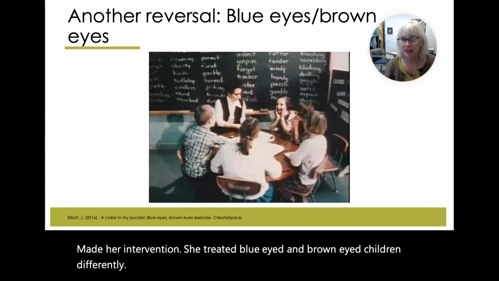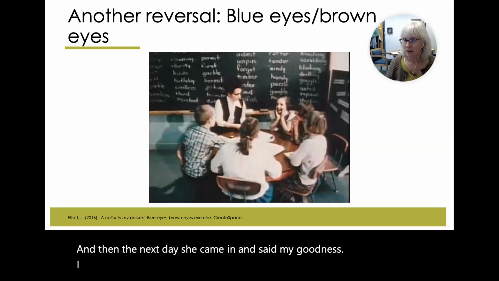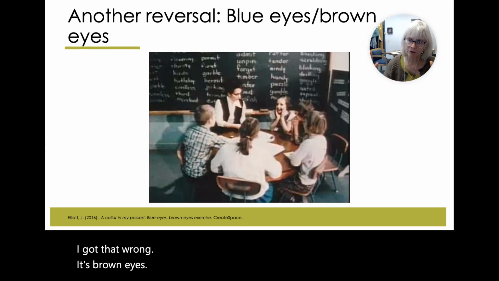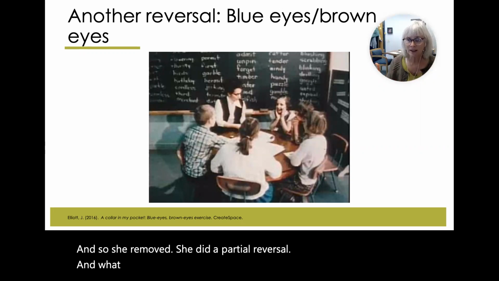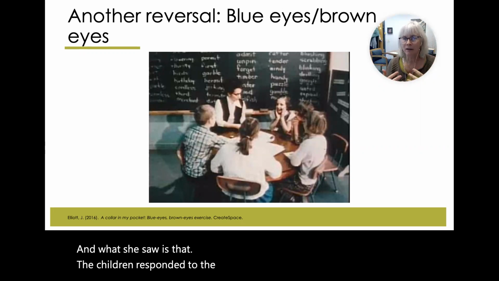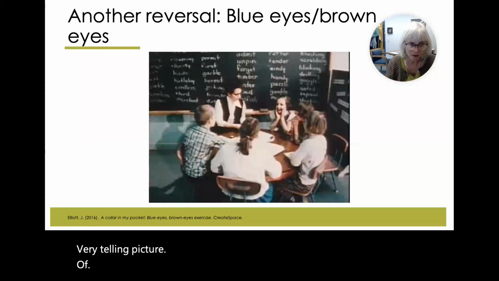Then the next day she came in and said, oh my goodness, I got that wrong. It's brown eyes. So she did a partial reversal. And what she saw is that the children responded to the treatment that they were experiencing. Very telling picture of prejudice.